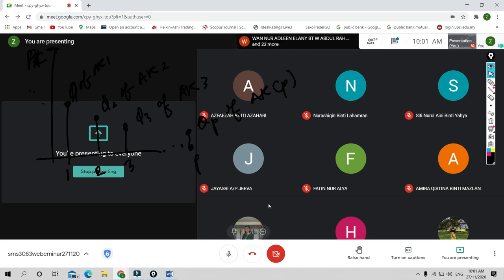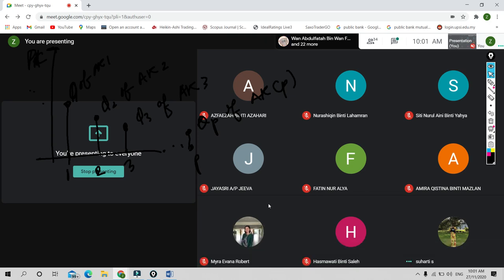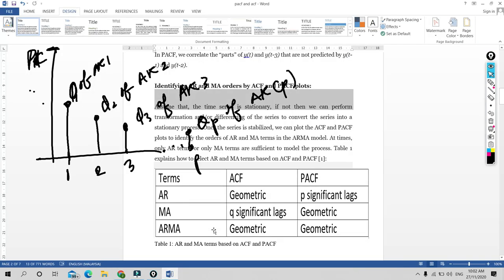If we plot these two graphs, let's say I plot the ACF here, autocorrelation against 5 lags. Here is autocorrelation, and here I have lag 1, lag 2, lag 3, lag 4, and lag 5.